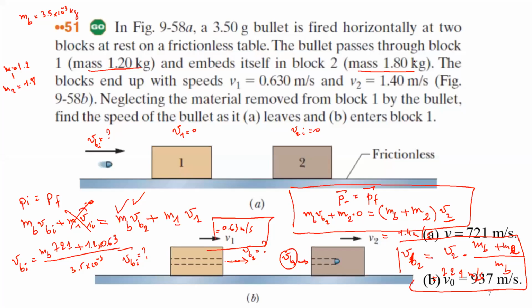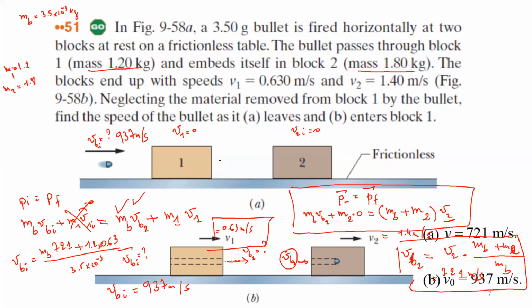And that will give you a VB initial of 937 meters per second. So here, the initial velocity will be 937 meters per second.